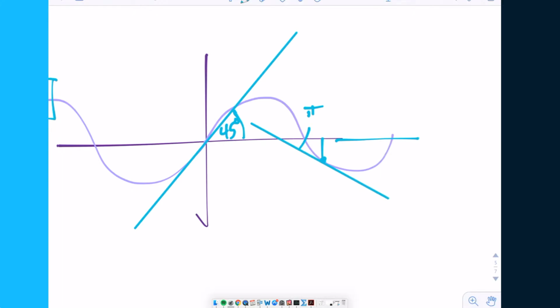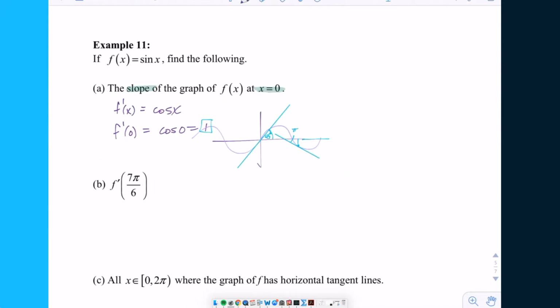So a reasonable magnitude for that slope would be what compared to 1? Steeper or less steep? It seems like it should be less steep, right? And it should be positive or negative? Negative.